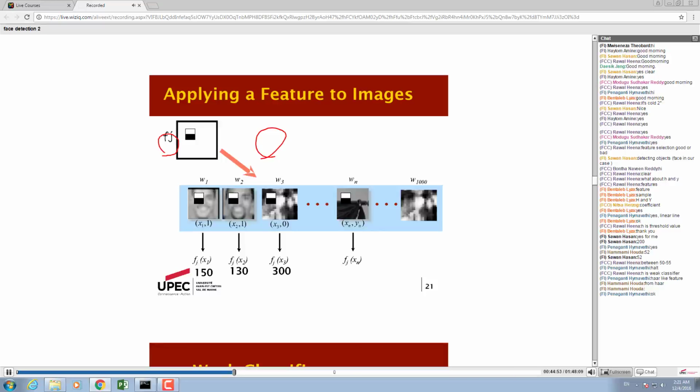We can have another feature, F2, for example. For F1, we have to do this, and for F2, we have to do the same thing. So per every feature, we have to apply the feature to every sample. The second feature, we apply to every sample, the third feature as well.